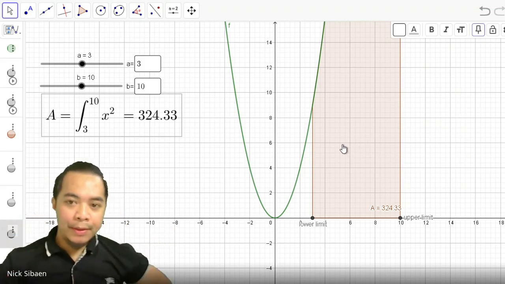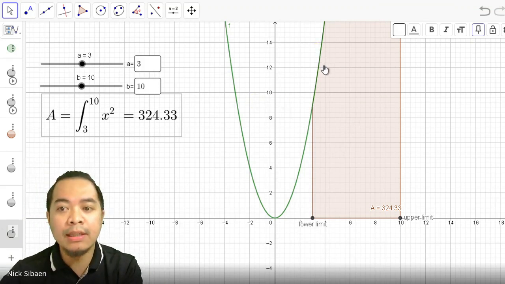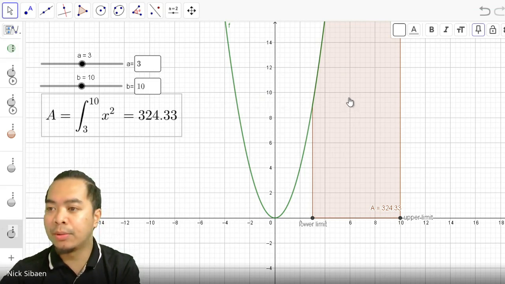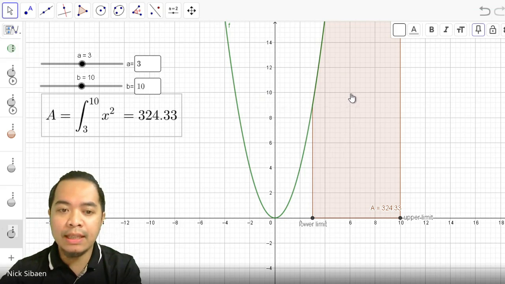Alright? So, to illustrate what we mean by an improper integral, balikan natin yung ating lesson sa part 2 of chapter 1, that is on definite integration.